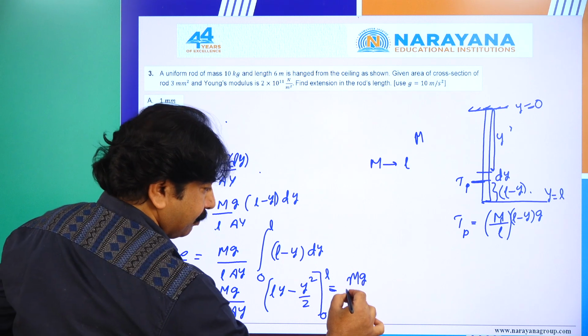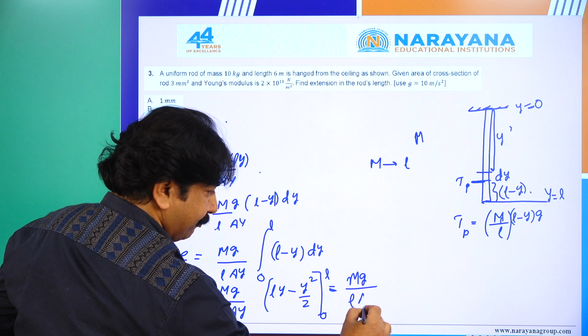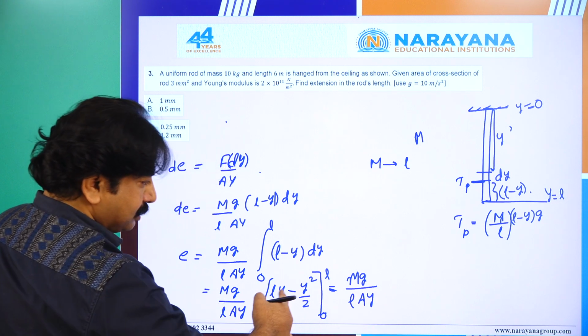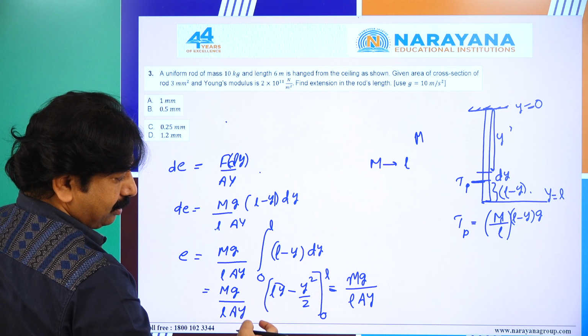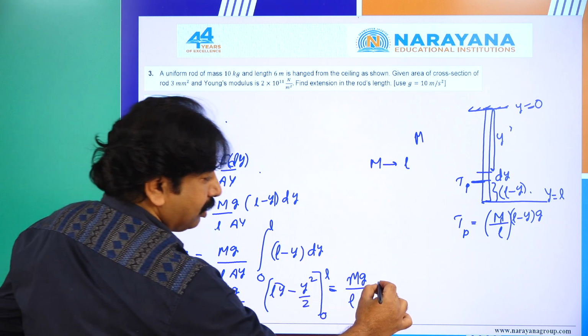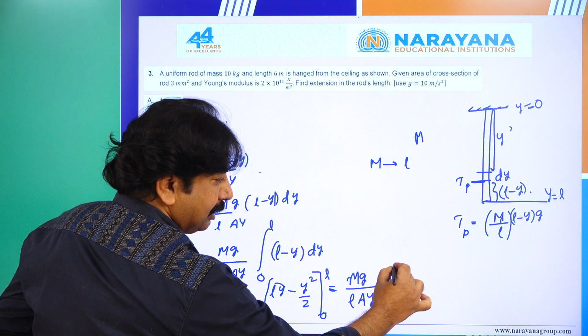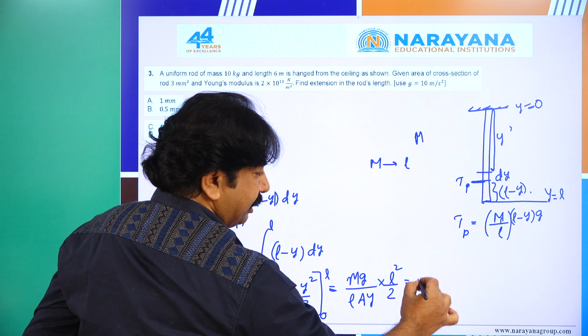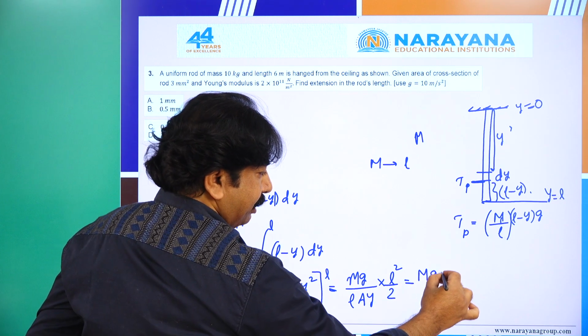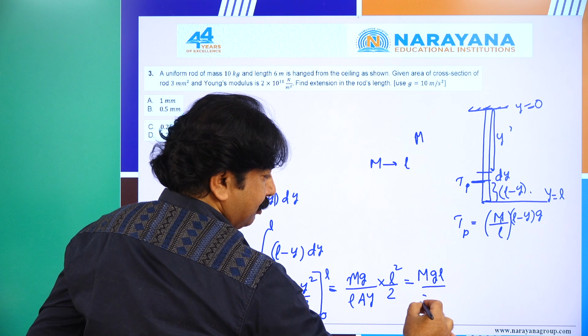So this is equal to mg by L A y. After substitution, this is nothing but L square by 2. Finally we are getting L square by 2 only. So we can write mg L by 2 A y.